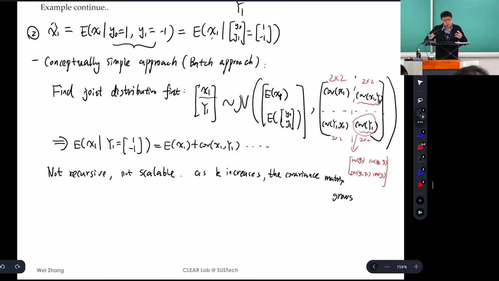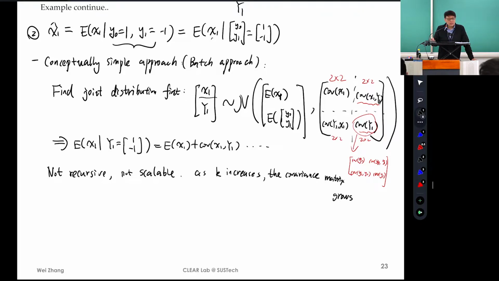It's huge, right? If you have, let's say, y100, then this block is 100 by 100. So you need to keep inverting a larger matrix. It's not efficient, but it's correct. You can do it.